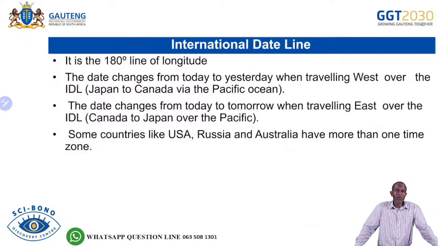An example will be Australia, where you have 3 time zones. So Australia stretches across 3 different time zones. So it has 3 different times.